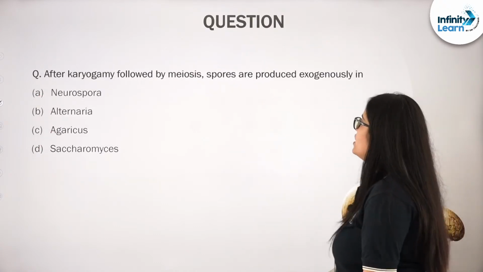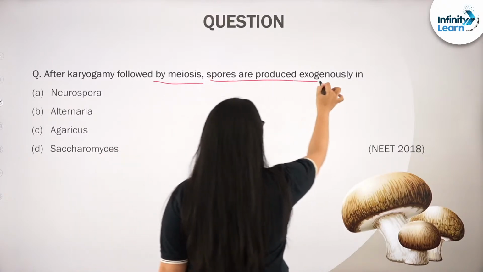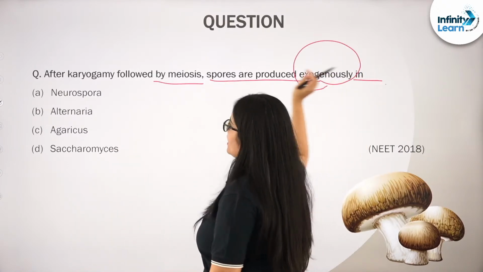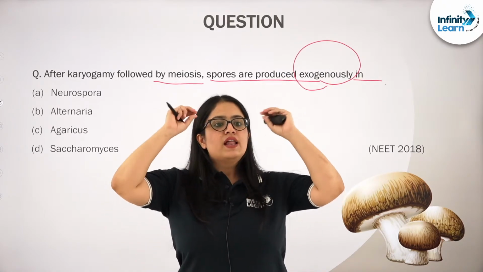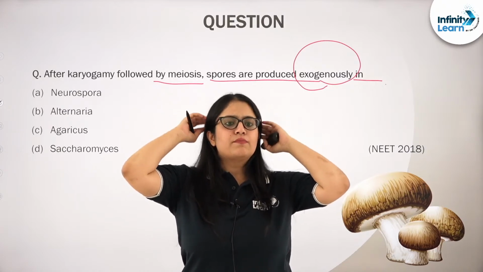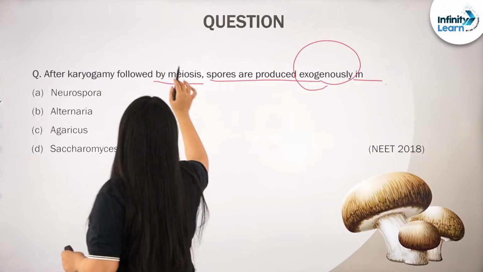Next question. After karyogamy followed by meiosis, spores are produced exogenously. See students, let me make this question simple for you. The question is, after karyogamy followed by meiosis.